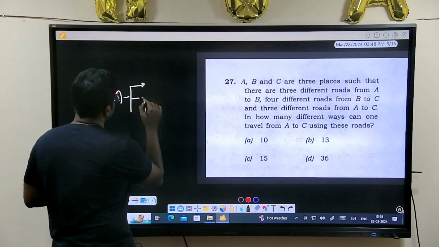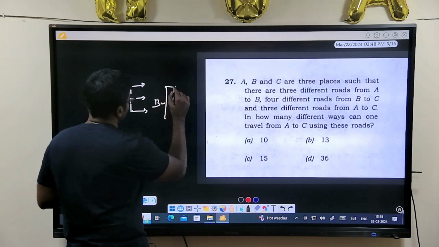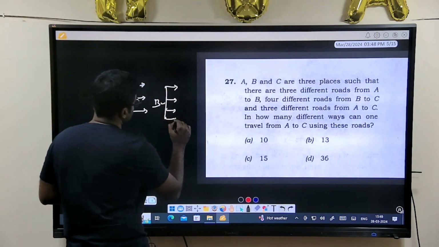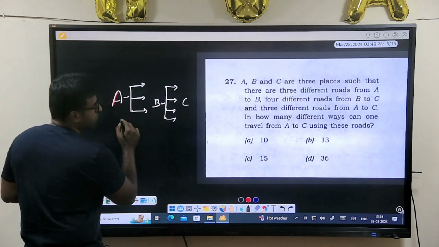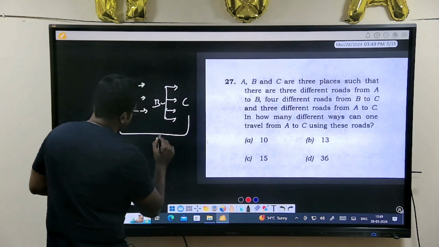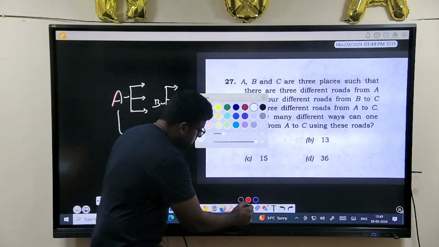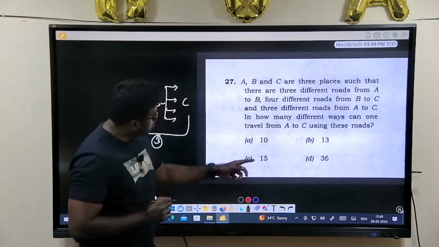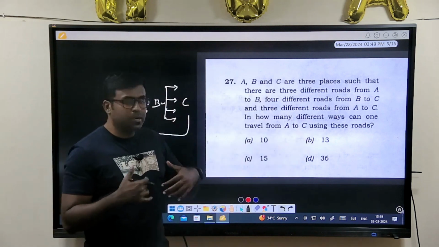From B to C, you have four different routes, and you have three different routes from A to C. This is what they have given. But now what they are asking is how many different ways.